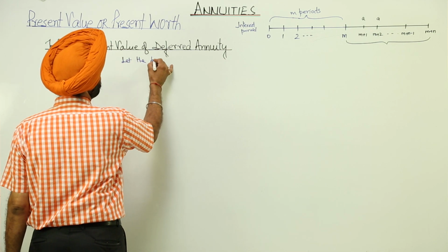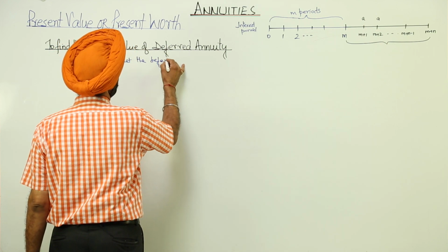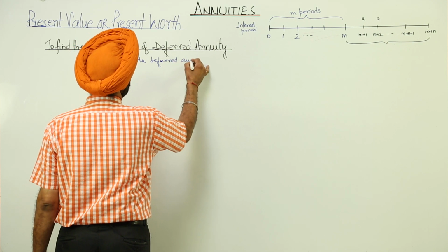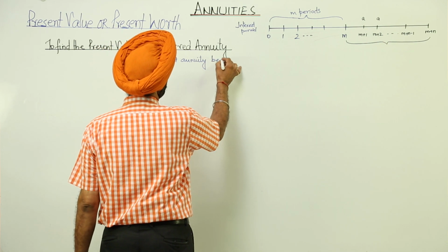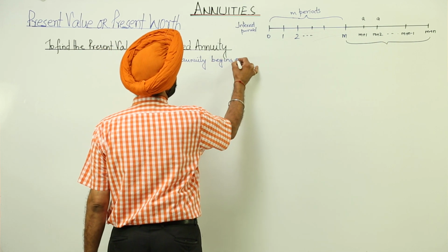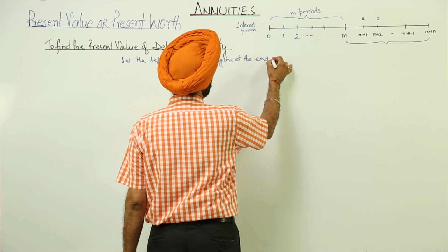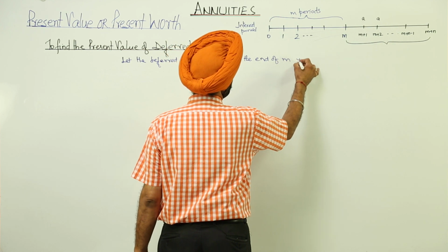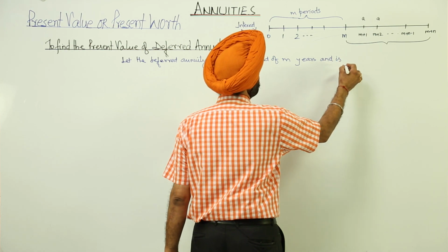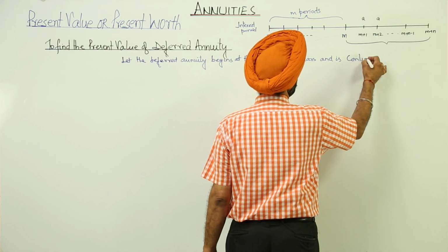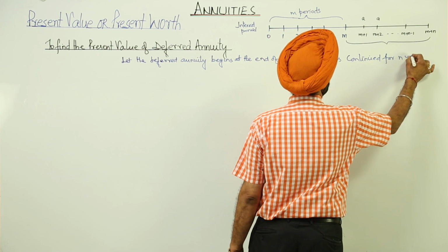Let the deferred annuity begin at the end of m years and be continued for n years.